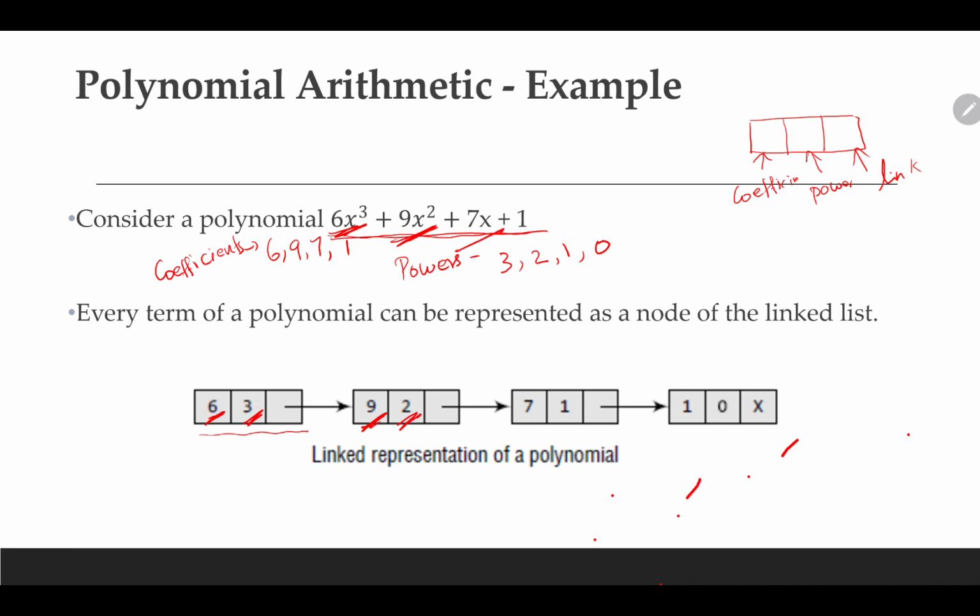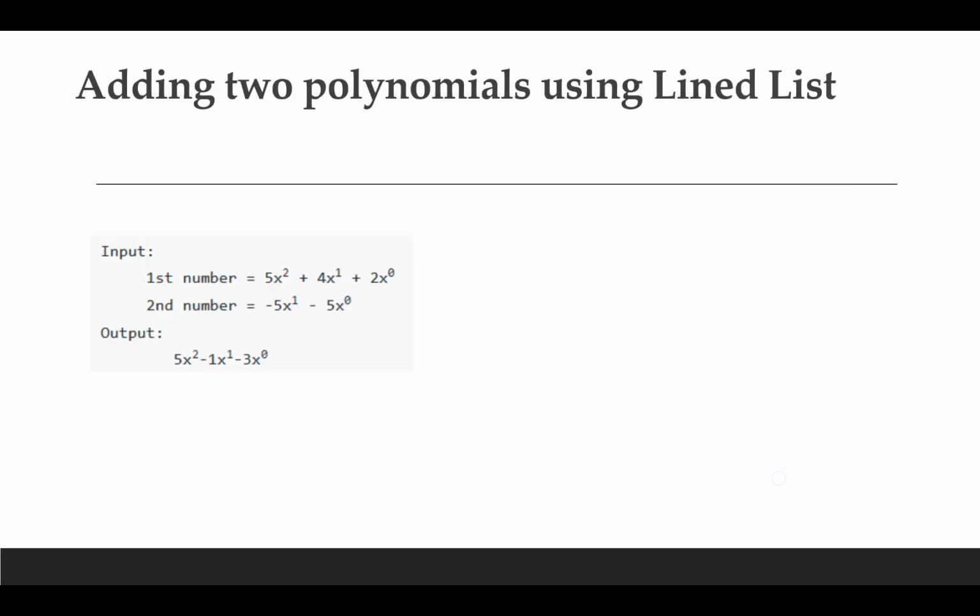Then next one, 7x: 7 is the coefficient and 1 is the power. And the next one is 1: 1 is the coefficient and 0 is the power. This is the way we represent the polynomial in a linked list. So this is the linked representation of the terms for the above polynomial.